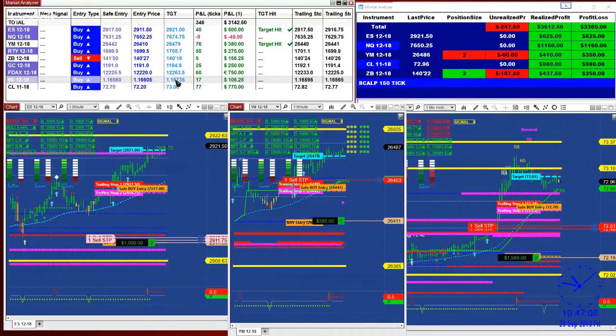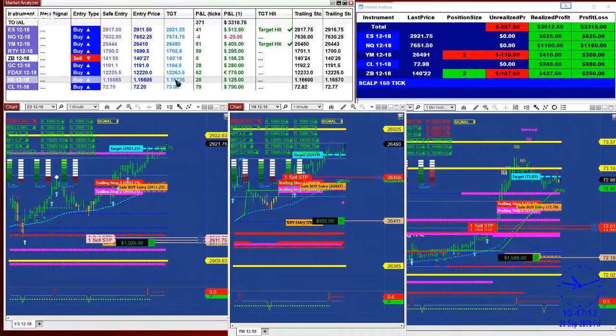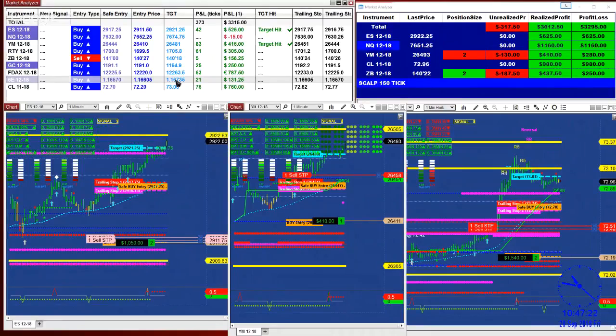The reason is when you are hedging the market, as an example, if you have money for ES, Nasdaq, and YM. It's Friday. I apologize, guys. And then you take one contract each.